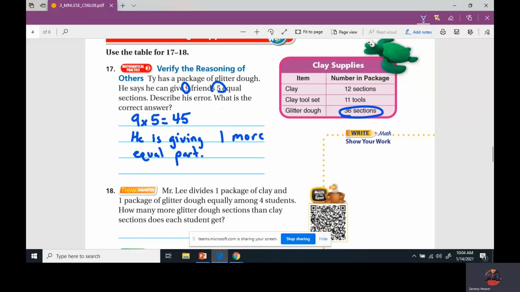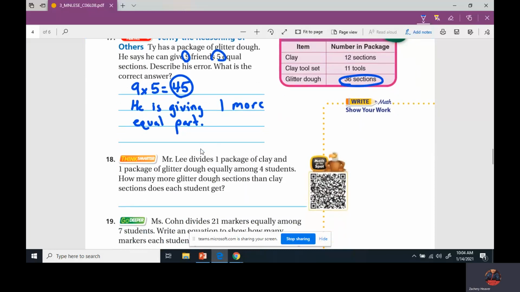If he gave 9 friends 4 equal parts, then he could do it. But he's giving 5, so he's giving 1 more equal part, and it doesn't make sense because it's 45 and he only has 36. That's his error. What is the correct answer? 4 equal parts.